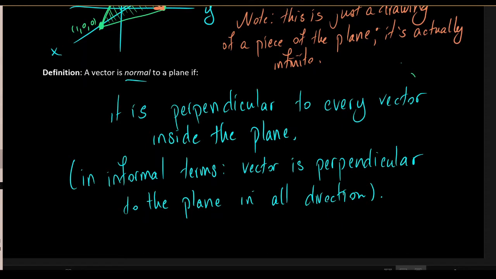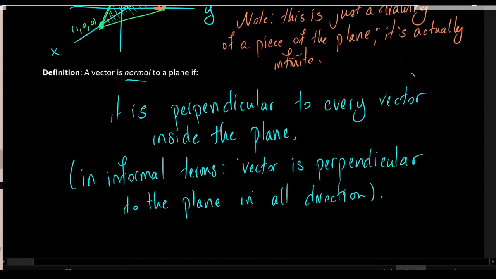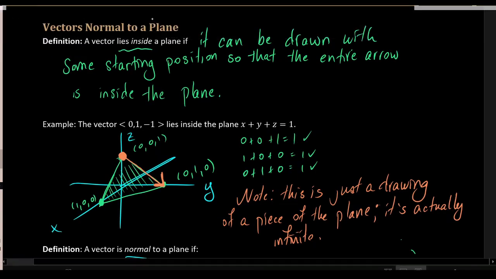But the informal definition, although it is useful for us to get a graphical understanding of the situation, is not as useful for actual calculations as the real definition above. You see, we have the dot product, which allows us to calculate very easily whether a vector is perpendicular to another vector. We can just take the dot product of the two vectors and check whether or not the result is 0. In the case of the previous example exercise, we had a plane where the coefficient of x was equal to 1, the coefficient of y was equal to 1, and the coefficient of z was equal to 1.